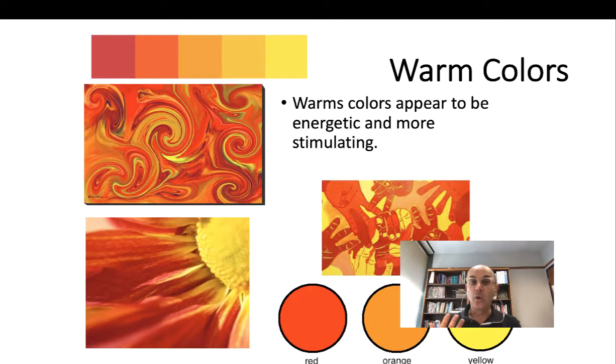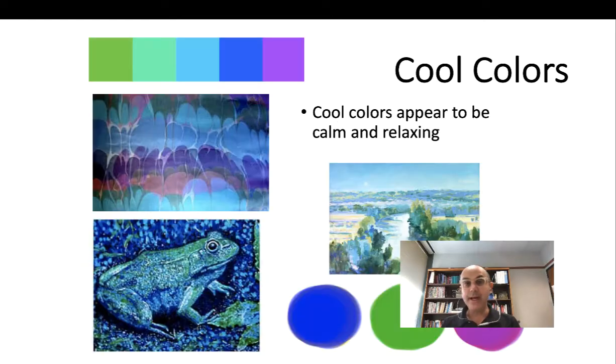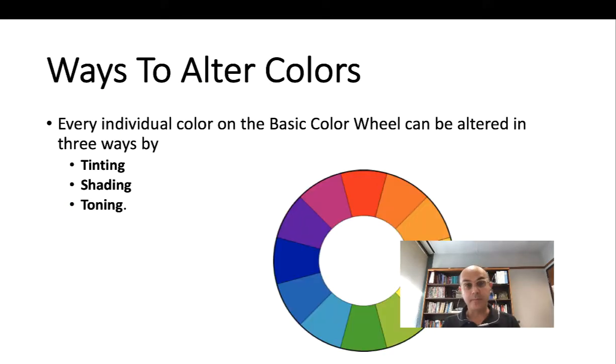So warm colors are red, orange, and yellow, compared to cold colors, blue and green. And those can be reflected in art, but also in the colors of products that try to portray some emotion.